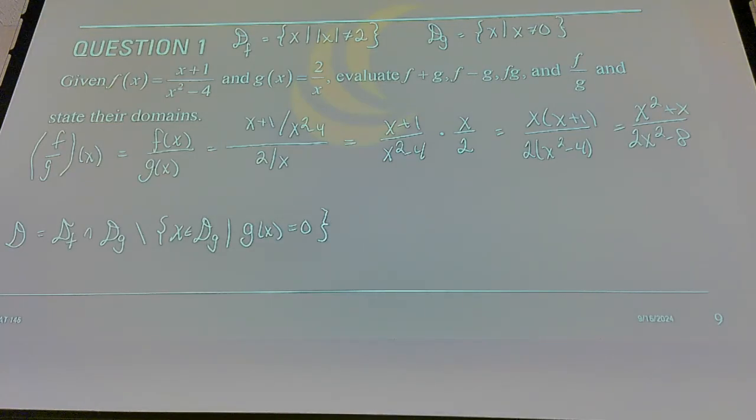Domain is the intersection minus anywhere that g of x is 0. Well, the intersection we already know. Look back at g of x.